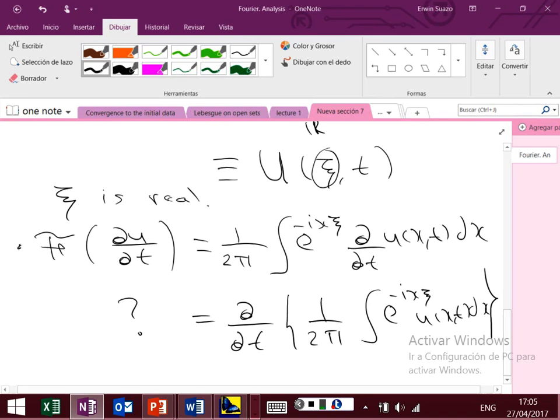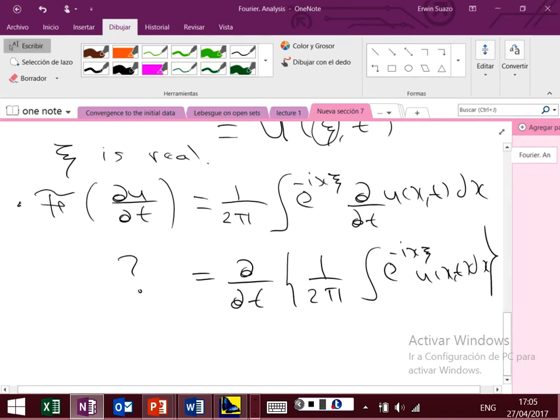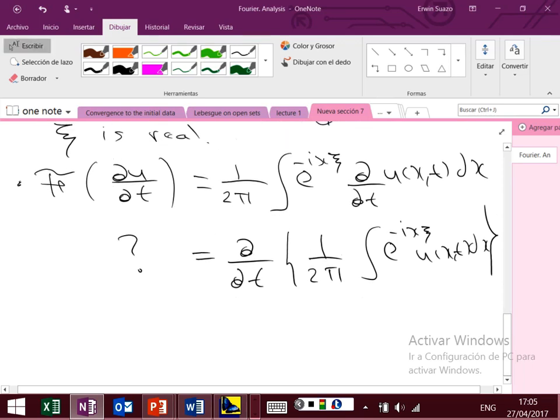But as I told you, today we are engineers, so today we are not caring too much about this. On Tuesday we take care of this. So what is this guy? What is 1 over square root of 2 pi, the integral of e to the minus i xi x, u(x,t) dx? What is that?